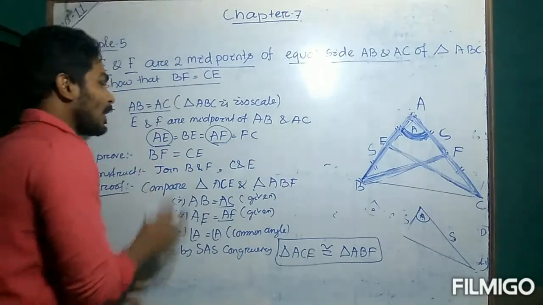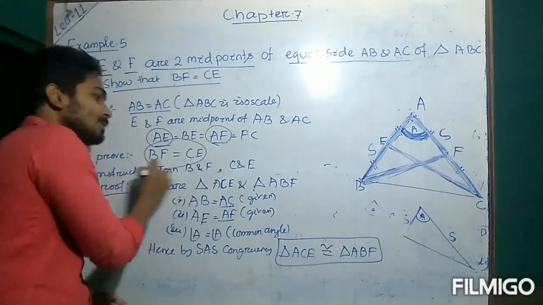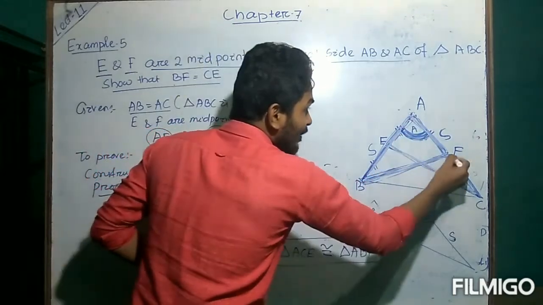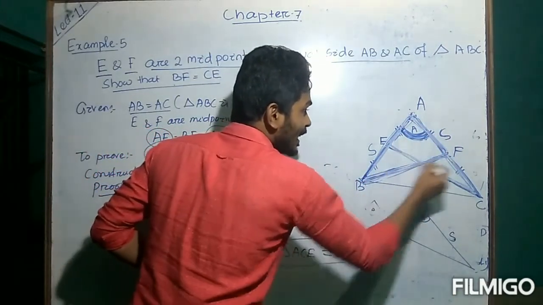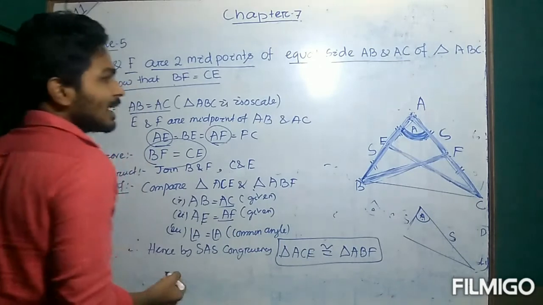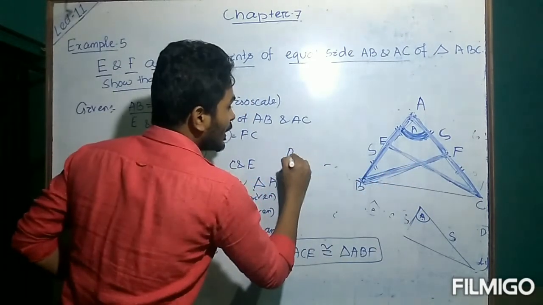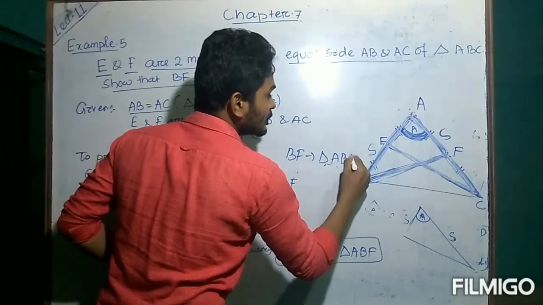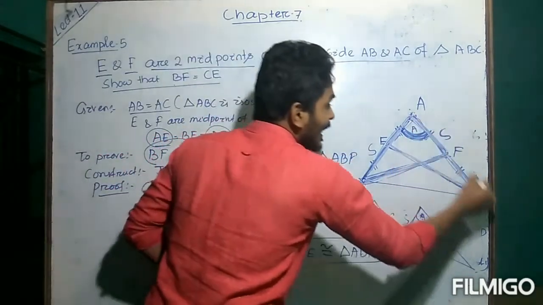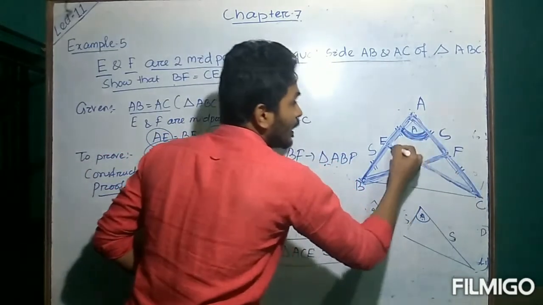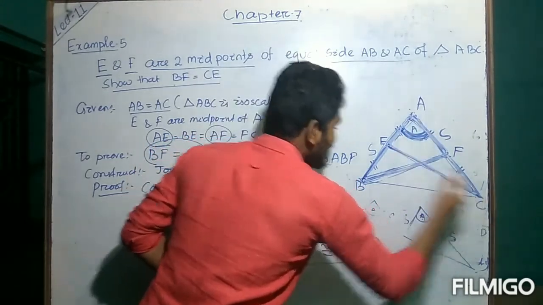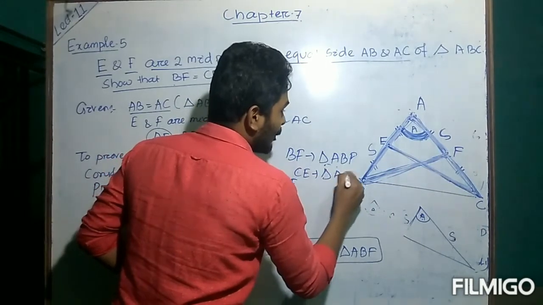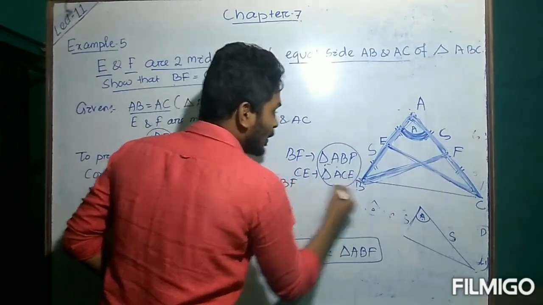Understood? But what do we have to find? We have to find BF is equal to CE. How? Let's see. ABF is a triangle. In this triangle ABF, BF is a side. Similarly, in the triangle ACE, CE is another side of the triangle ACE. But what have we proved?